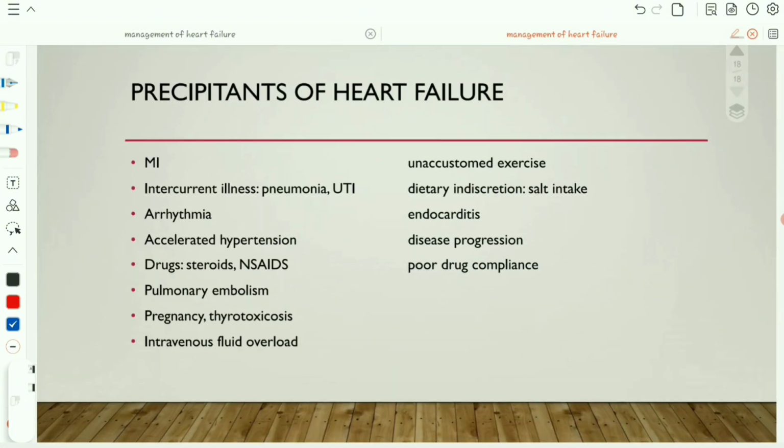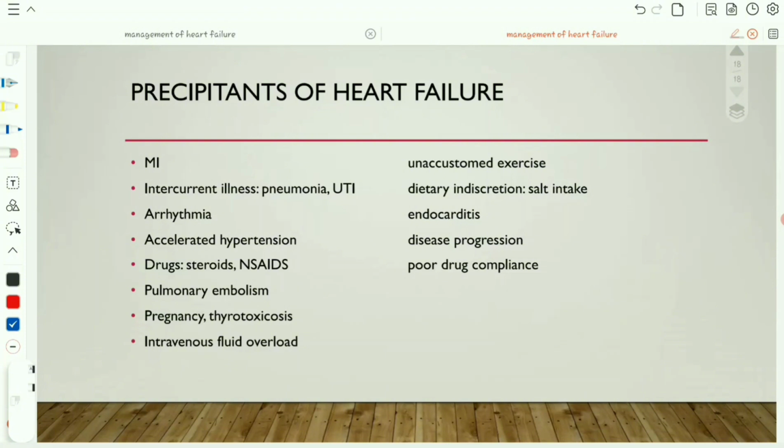This is very important. You need to know this because you can be asked. An examiner can just come and give you one question and say, okay, now you have managed this patient with heart failure. Did you rule out precipitants? If so, what are the precipitants you ruled out? Are you getting me? So myocardial infarction is a precipitant.